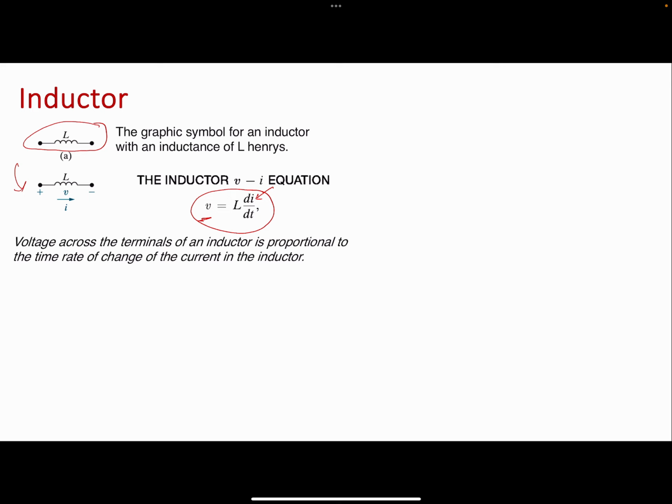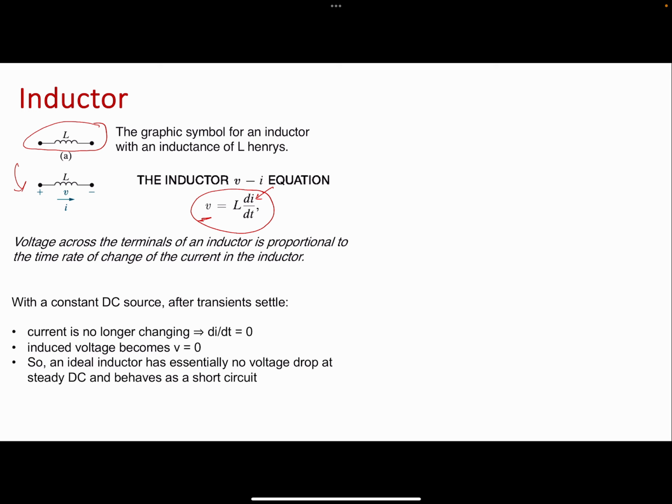And as long as the current is changing, the magnetic field is changing, which is producing the induced voltage V. So let's suppose that you have a DC current source connected to the inductor. That DC source is going to provide current to the inductor, and in that transient period it will produce changes in the magnetic field, which is going to produce a voltage across the inductor, right? So what is going to happen once those transients settle down, once you reach a steady state value?